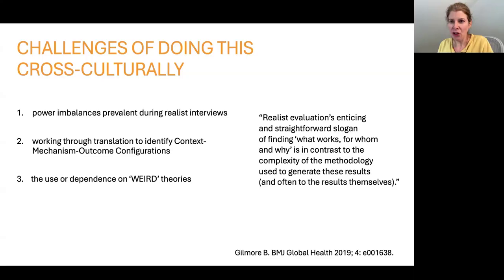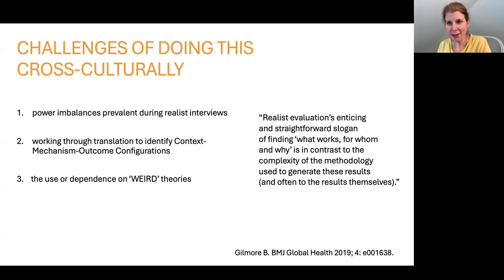There are some challenges that I think Carlos alluded to, which we can return to, and they're true for realist approaches as well. Gilmore wrote an interesting paper about the challenges of doing realist reviews in contexts that are not your own. And when we've got large teams across many different countries with power imbalances, this is a particular issue.